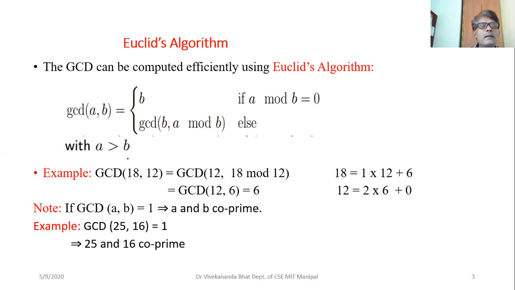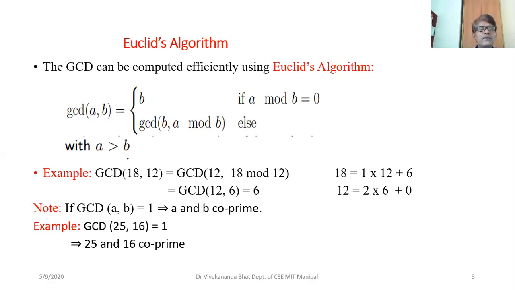For example, GCD of 18 comma 12 is equal to GCD of 12 comma 18 mod 12, that is equal to GCD of 12 comma 6. So you will get a remainder 0. Therefore, GCD of 18 comma 12 is 6.